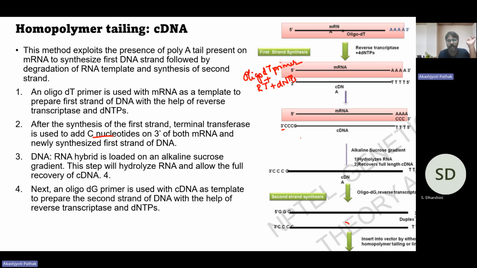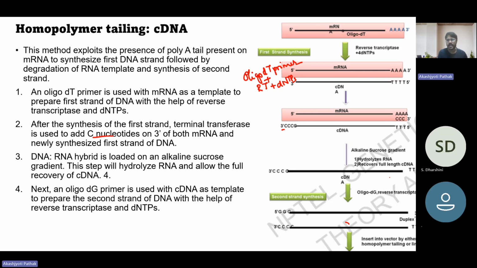So then you do an alkaline sucrose gradient. This DNA RNA hybrid is loaded on an alkaline sucrose gradient. When this is loaded, what will happen? This RNA will get hydrolyzed, and this will allow the recovery of the cDNA.